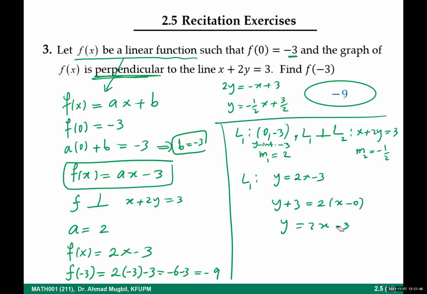In both cases, it is the same. When you have the equation of the line, this is f of x. f of x is 2x minus 3. And of course, f at -3 will be just 2 times -3 minus 3, which is -9. The same.